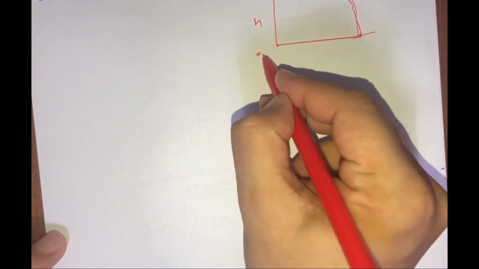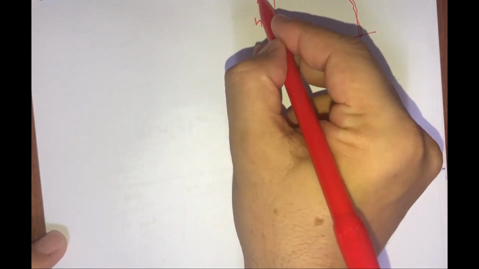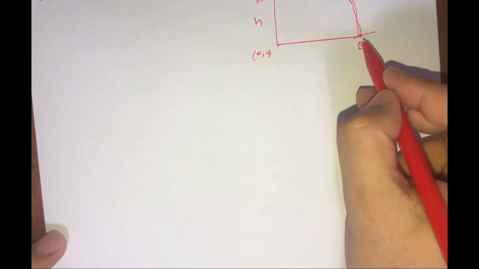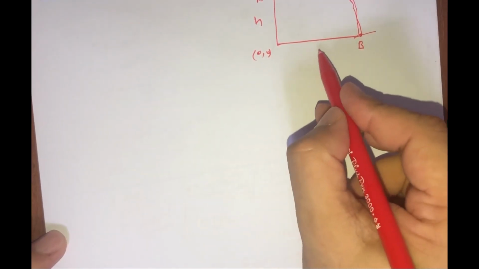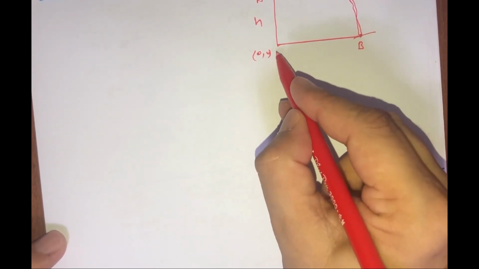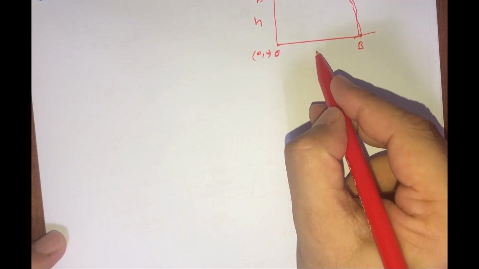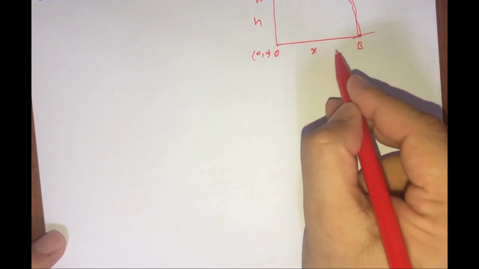Let's say this is the origin, and the shots are fired from point A and strike the horizontal plane at point B, which is at the level of the foot of the hill. Let the distance between O and B be x.